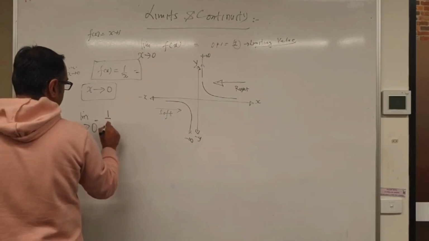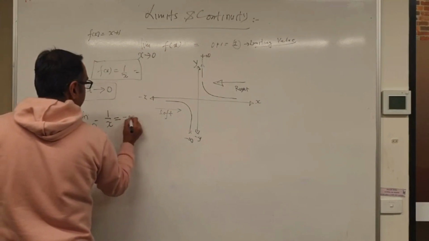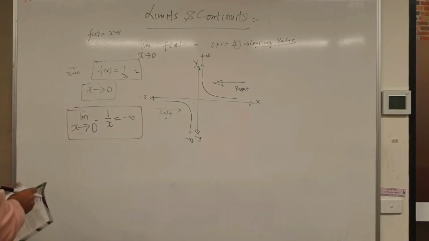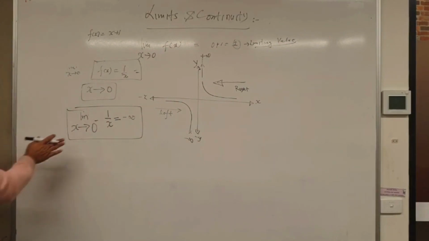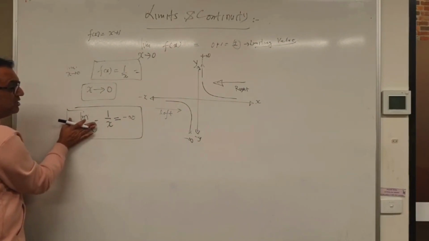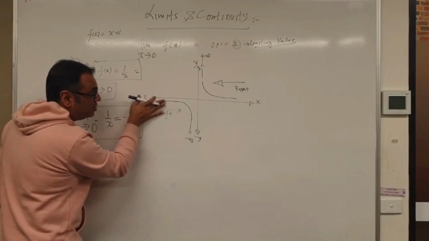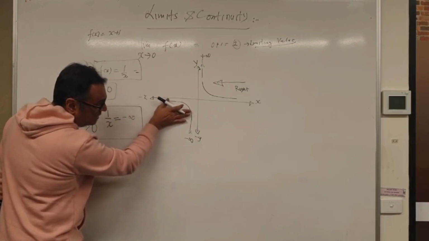1 over x is approaching negative infinity. You see here, I'm talking about this. When you're approaching 0 from the negative end, this is the negative side of x. You're approaching 0 from the negative side of x.